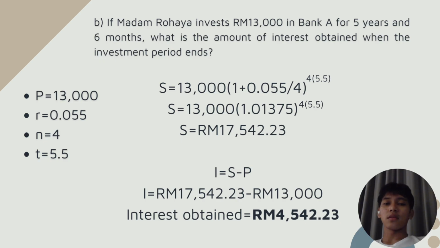To look for the interest obtained, we use the calculation I equals S minus P. So I equals 17,542.23 ringgit minus 13,000, and the interest obtained would be 4,542 ringgit and 23 cent.